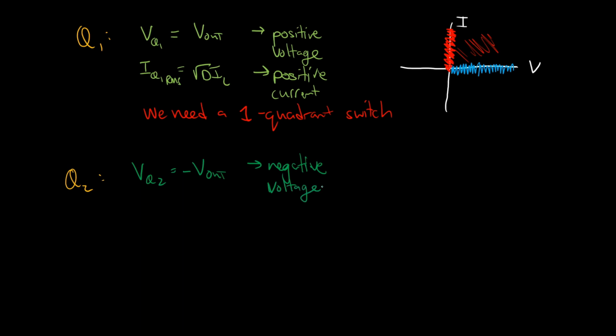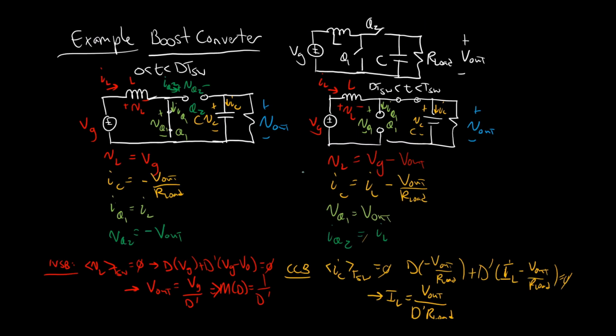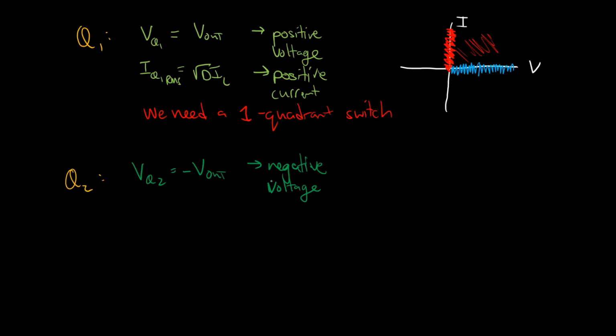It needs to block a negative voltage. You could argue that it is just depending on how I define these voltages right here, and that would be true, but then the current would be in a different direction. In any case, what I'm saying here is that this is a negative voltage. Cut and dry, we need to block a negative voltage.